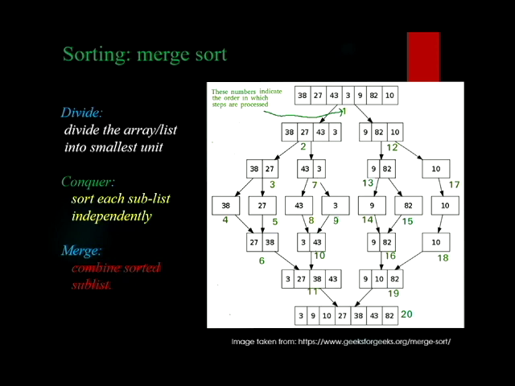You conquer the solution, and then you combine it. Conquer and combine, merge, right? When you merge, again you sort the two arrays into a merged array. So for this, you get this one. Is this part clear? Any questions?